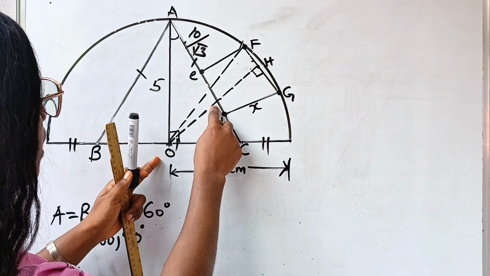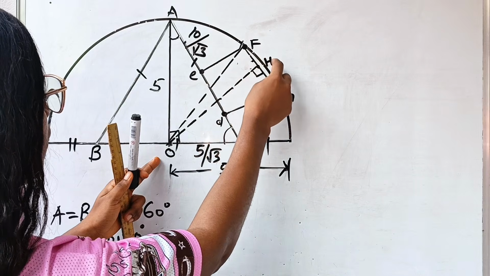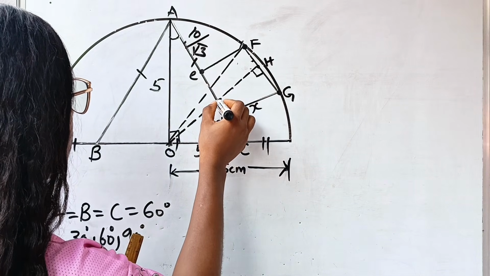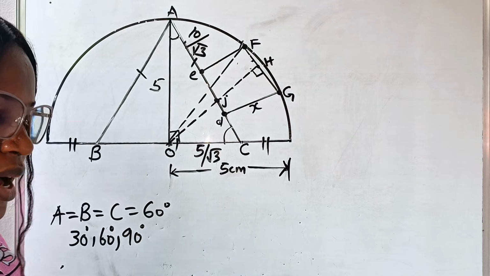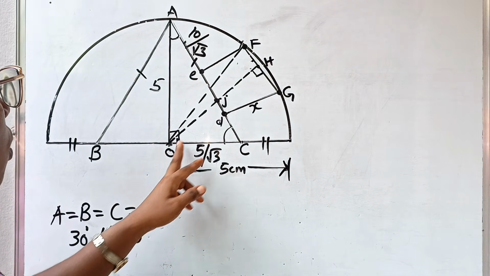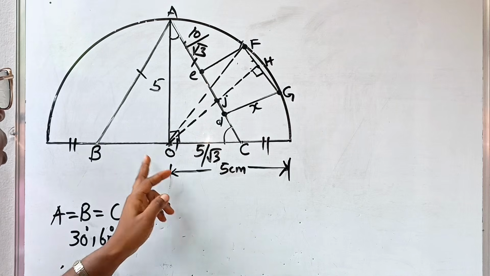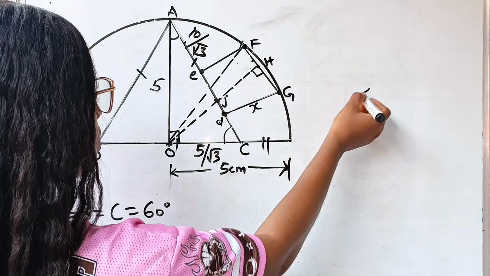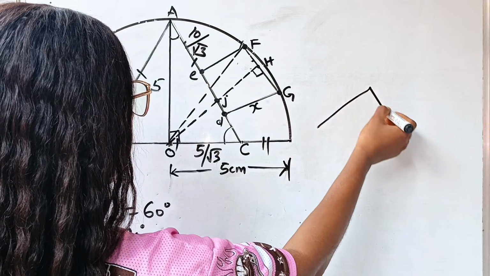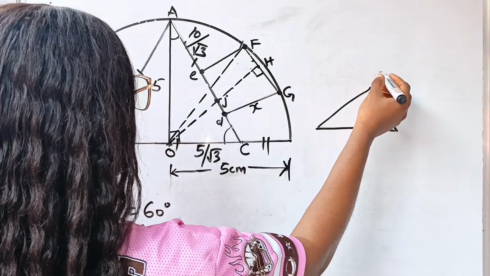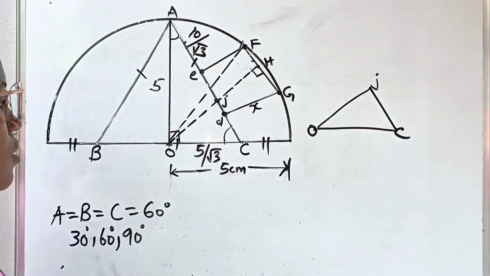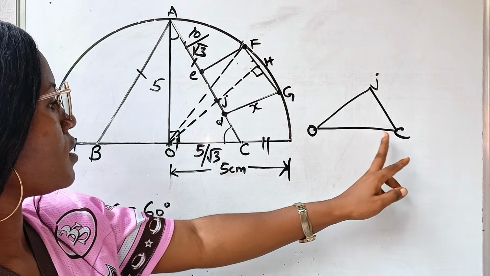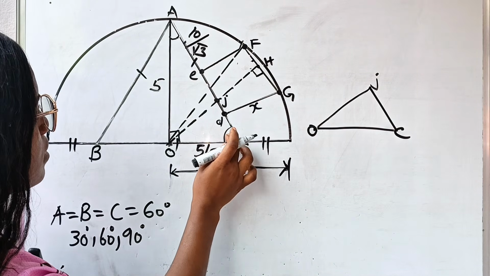Now if I decide to name this point, let's name this point point J. Now looking at triangle OJC or OCJ, let's draw it out. Triangle OCJ. So this is our J, this is our O, and this is our C. We don't really know this side, but we know that this is 60 degrees.